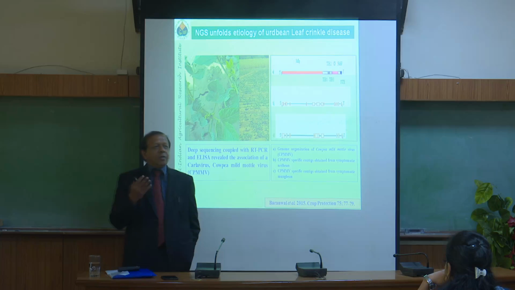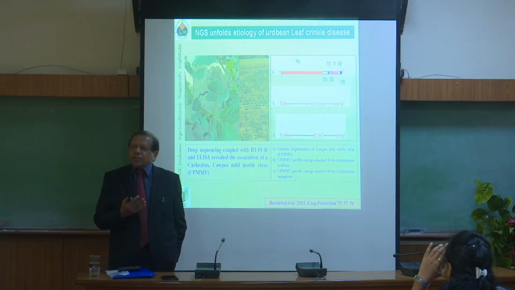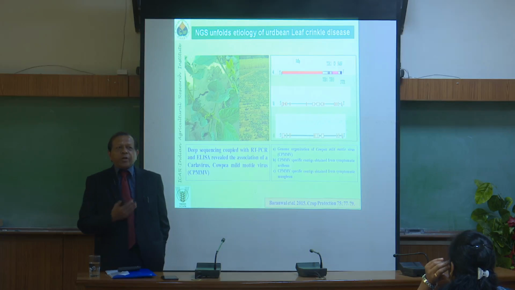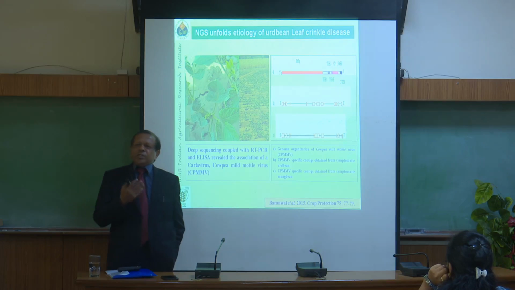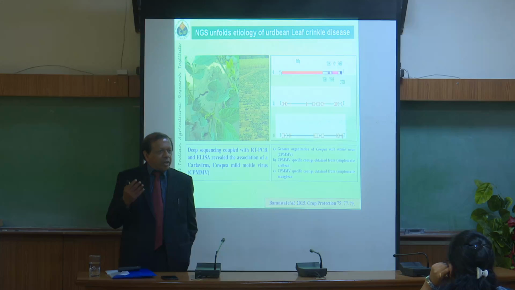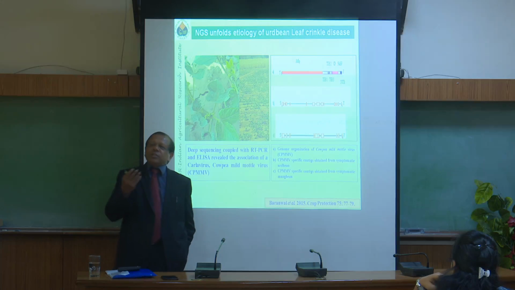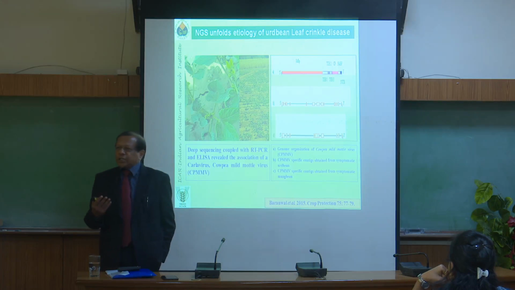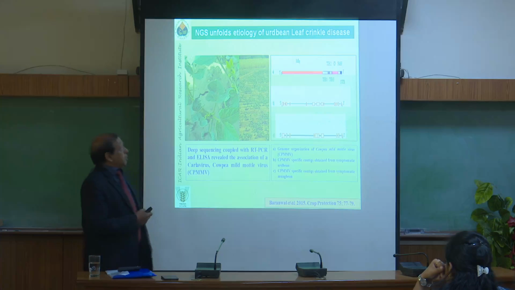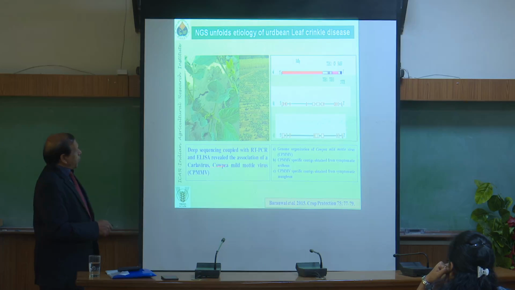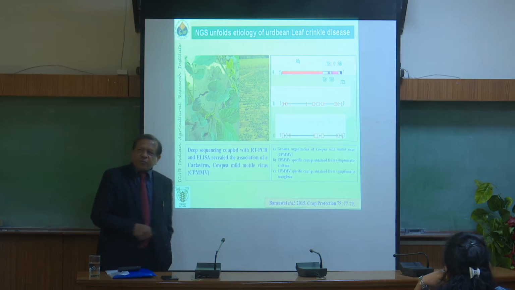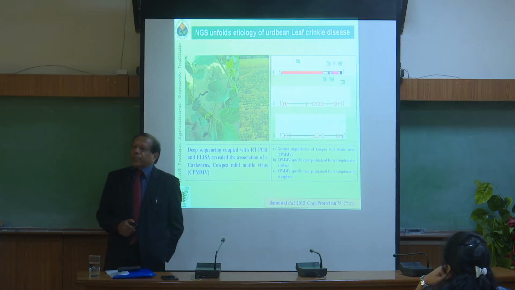Those of you who work on legume viruses or legume crops may be knowing, we knew this disease when Dr. Y.L. Nene and his group were at Pantnagar, and we knew that it is whitefly transmitted and so on and so forth, but we did not know what the causal agent was actually. Then deep sequencing coupled with RT-PCR and ELISA revealed the association of a Carla virus, that is cowpea mild mottle virus, and this information we published in 2015 in the journal Crop Protection actually.